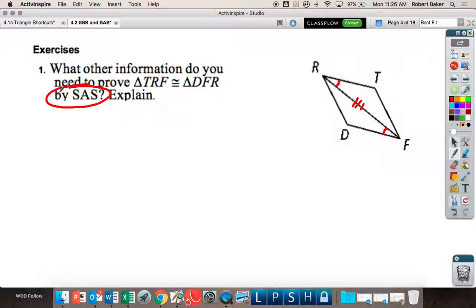Another side. Now, there is a right side and there is a wrong side. So I have this side congruent to this side, and this angle congruent to this angle. What's the other side that I need? RT.